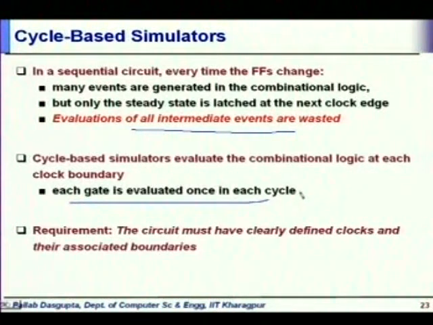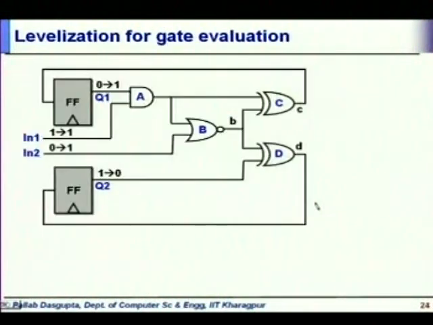Then we saw that in order to evaluate every gate only once, we need to topologically order the circuit, in the sense that we should not start evaluating this gate before we have evaluated this gate, because if we first evaluate this, then the output of this gate might change in this cycle, and we will again have to simulate this. So, even though some event might pass through this before this gate stabilizes, we will wait for this one to stabilize and then simulate this.